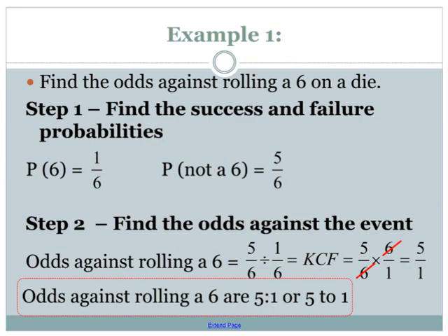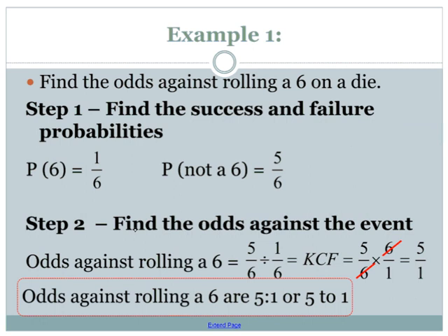Find the odds against rolling a 6 on a die. Well, we know that on a die there's 6 sides, so 1, 2, 3, 4, 5, 6. The probability of rolling a 6 is 1/6. The probability of not a 6, that's the rest of them, the complement, is 5/6.